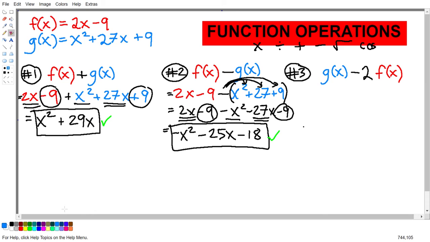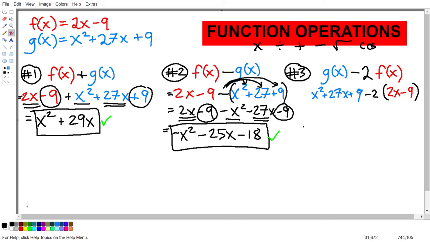Okay, so let's check our work. X squared plus 27x plus 9 minus 2 times f of x. Well, what is f of x? F of x is 2x minus 9. Notice how I have to multiply by a negative 2. Doubled it.